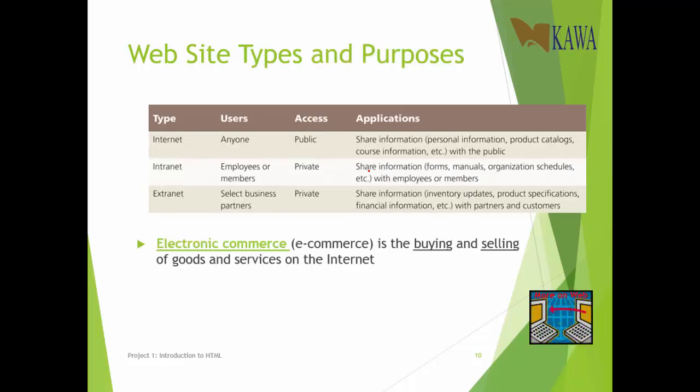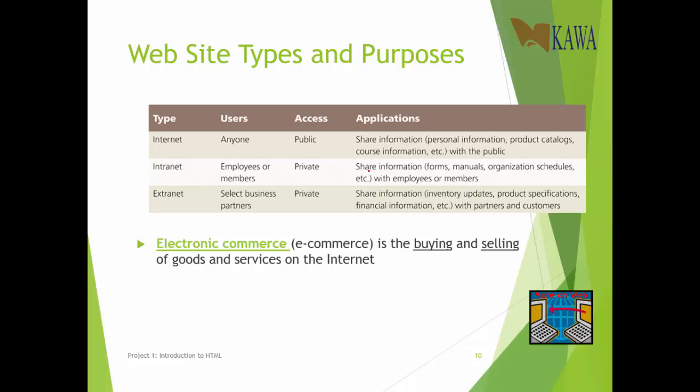So here are website types and purposes. So we have the internet. This one is accessed by anyone around the globe to share information, personal, product catalogs, post information, etc. with the public. And we have intranet.